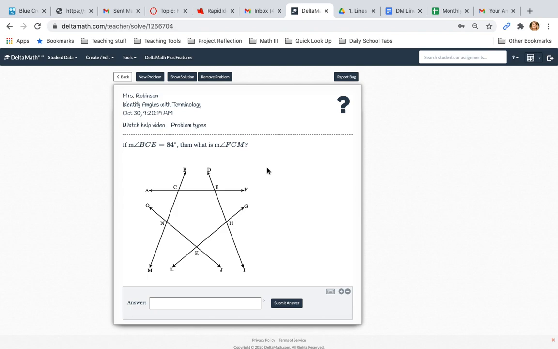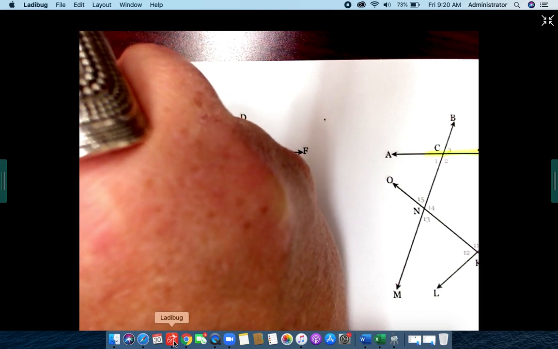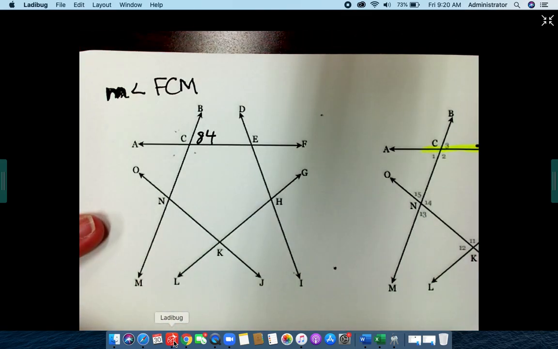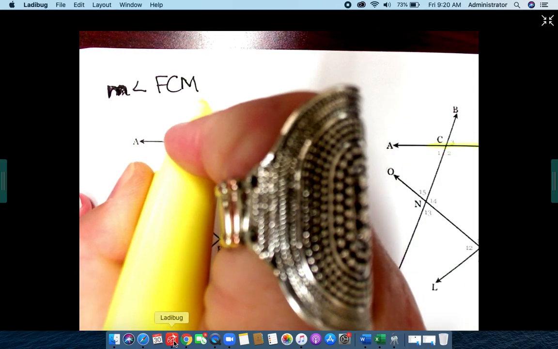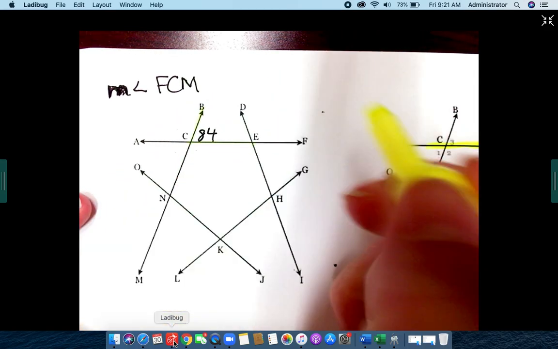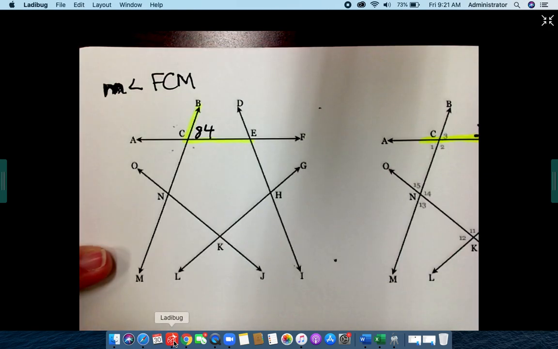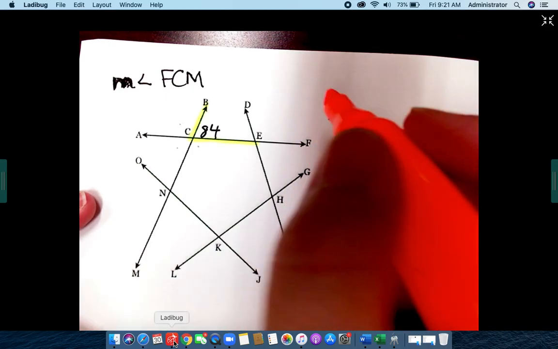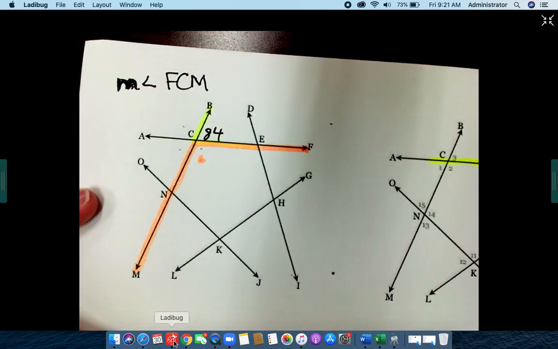That M, by the way, the little m, stands for measure. So this is the measure of angle FCM. That's what they want us to find. So they gave us BCE, and then they're asking us the measure of FCM.